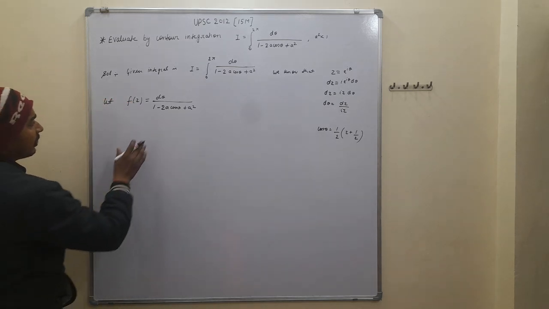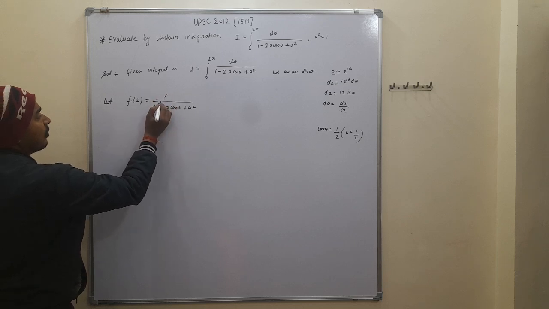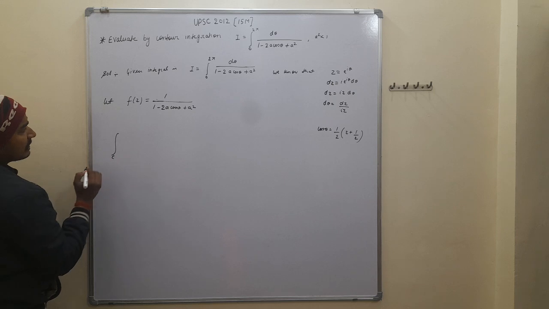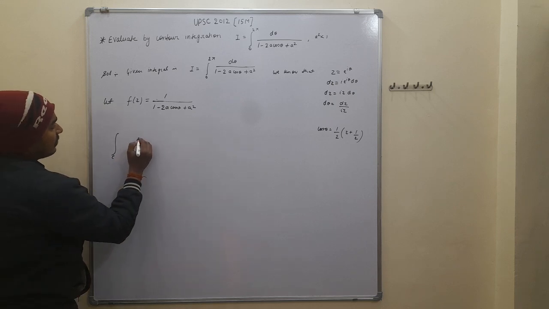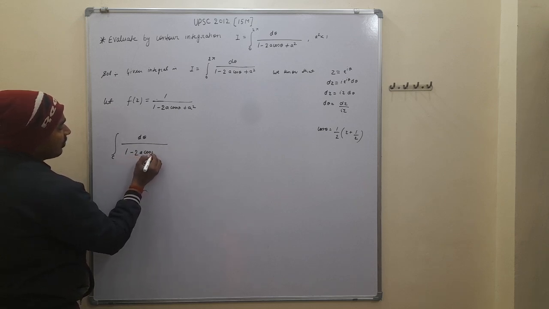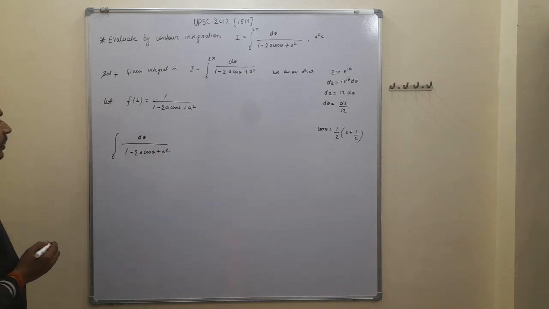So we have to put here the closed integral over c of d theta upon 1 minus 2a cos theta plus a square, and put the value here.